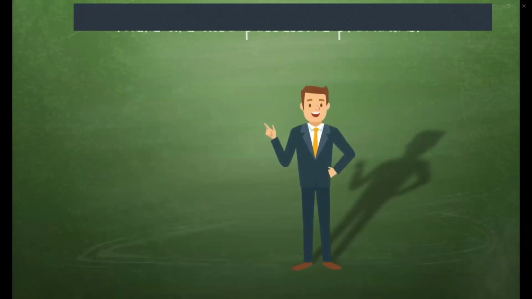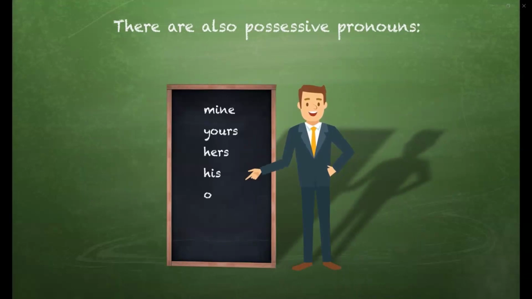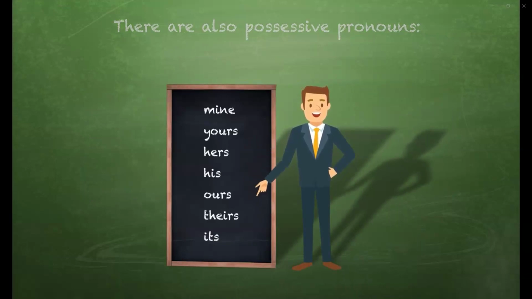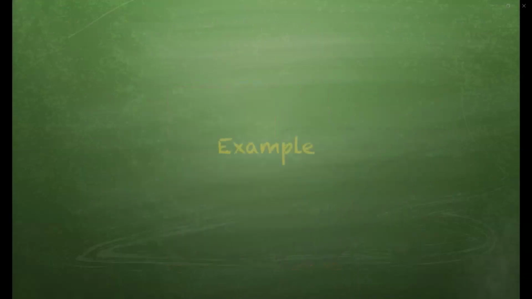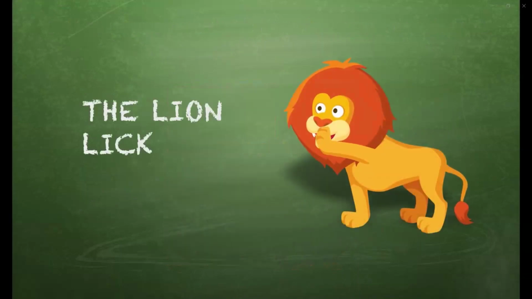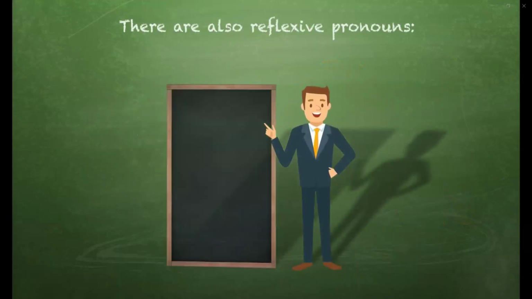There are also possessive pronouns. Mine, yours, hers, his, ours, theirs, its. Unlike nouns, you don't have to use an apostrophe with a pronoun to indicate possession. Example. The lion licked its paws. There are also reflexive pronouns.